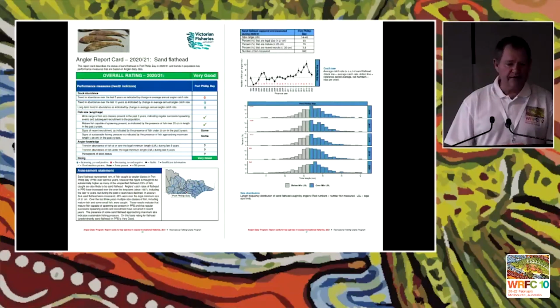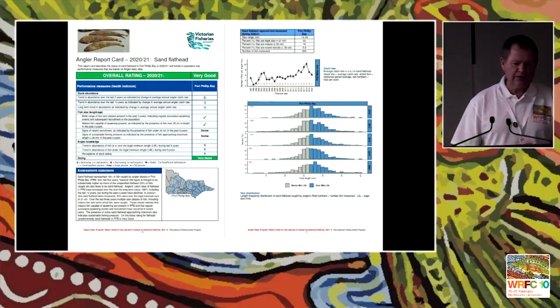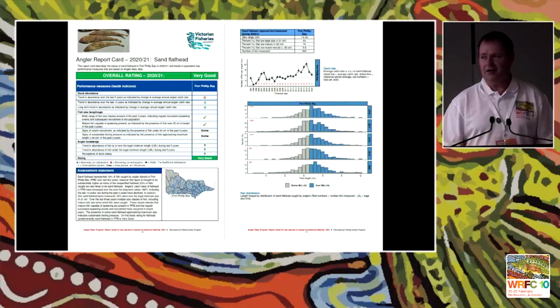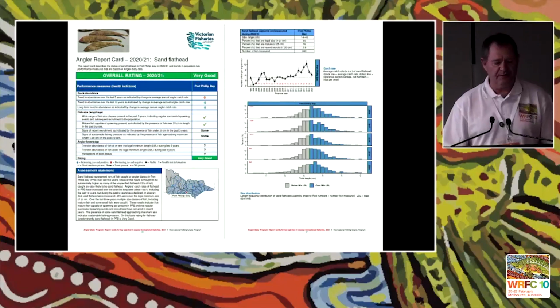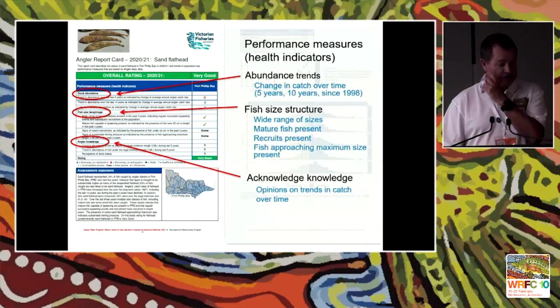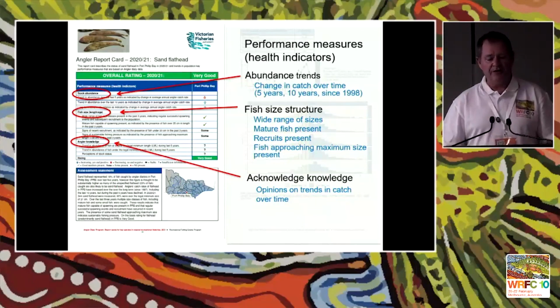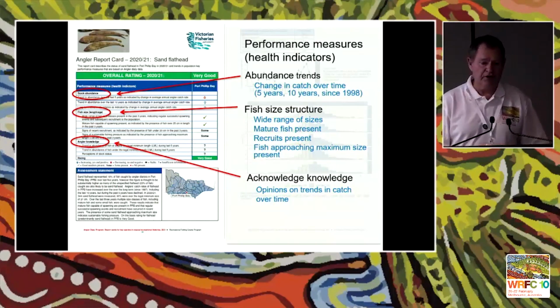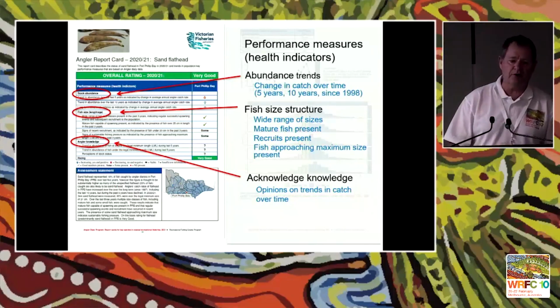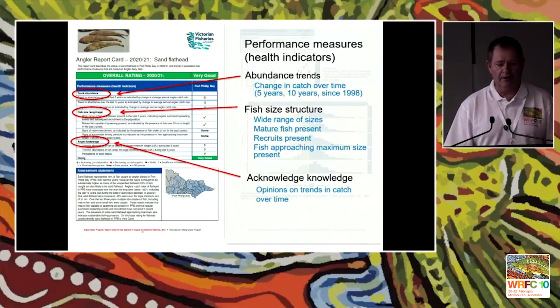The report cards themselves have evolved a little bit more, but again, essentially we're trying to keep it down to one to 2 pages of information. In this case, you can see that we've talked about our performance measures or indicators, abundance trends, and in this case, we've decided to look at changes in abundance over 5 years or 10 years or in a longer term. And in this case, for recreational fisheries from the Angler Diary program, that's going back to 1998.